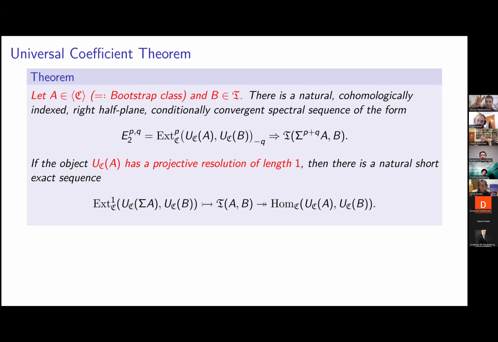So I fixed this Gothic C, the small subcategory inside T. For all intents and purposes, you can think of it as a subcategory sitting inside T. I fixed this C, and then I generated a triangulated subcategory from C. So basically I look at a localizing subcategory, a triangulated subcategory.